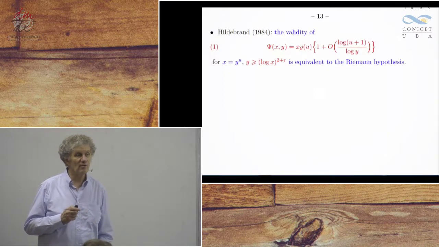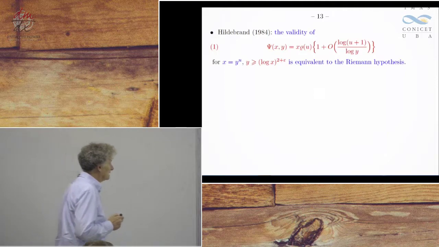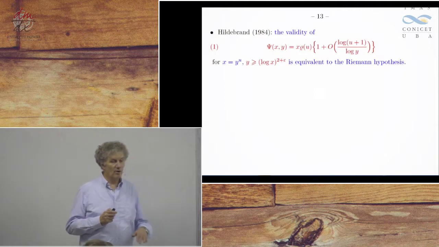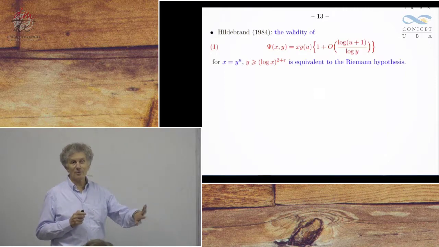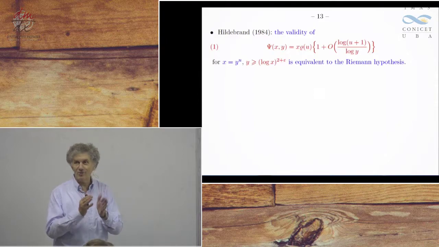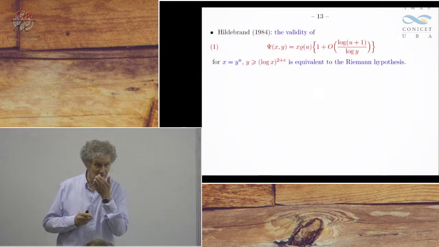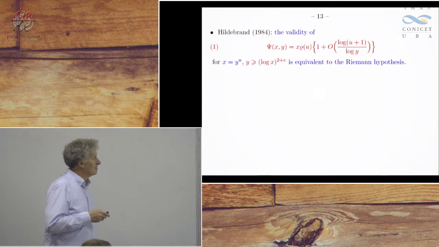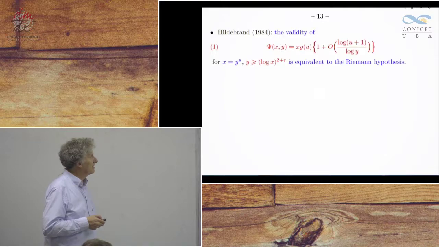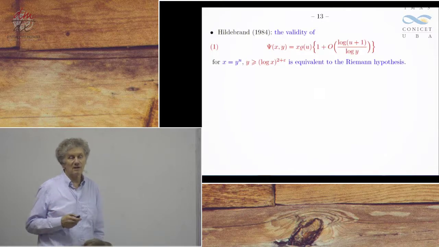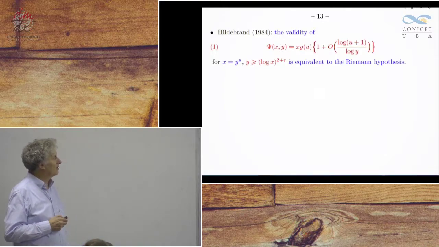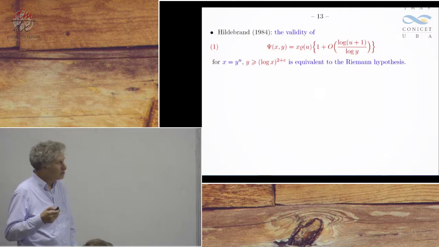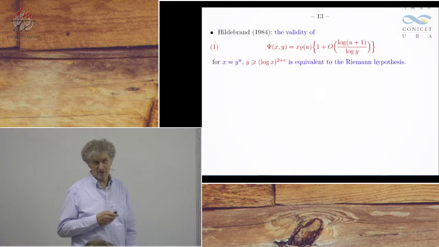So the study of friable integers is not on the side of number theory. It's just in the middle. It's just in the center, because studying the distribution of friable integers is very closely linked to the Riemann hypothesis.